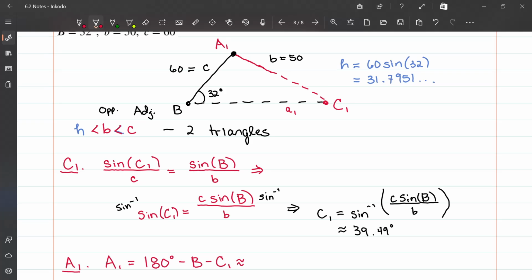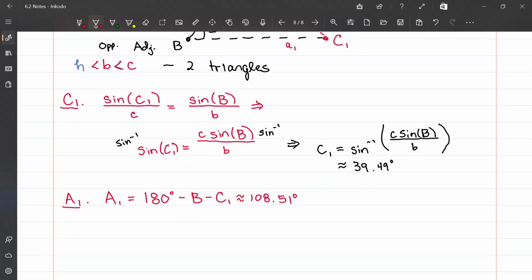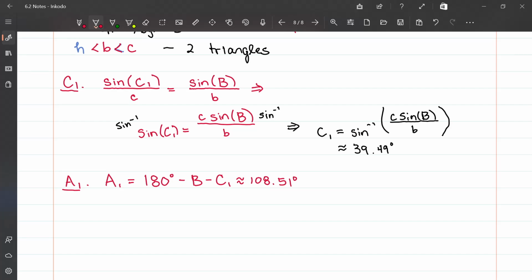From here, we can obtain big A1. We use a familiar subtraction, and it looks to me like we're going to have approximately 108.51 degrees. I was so eager to find little a, I suppose we should go ahead and do that now.